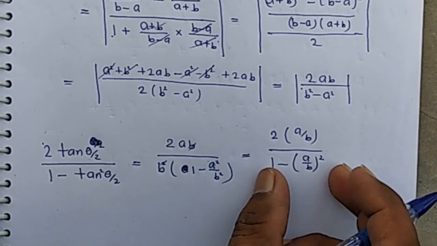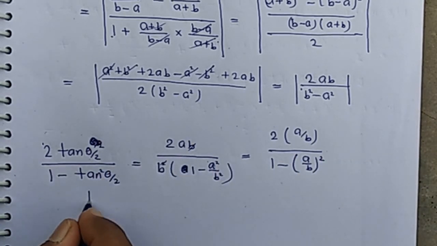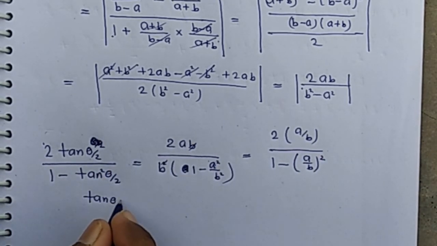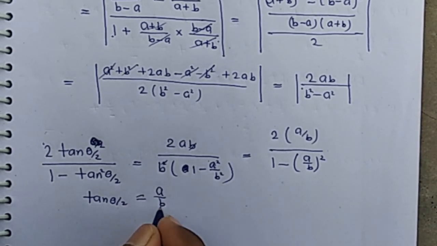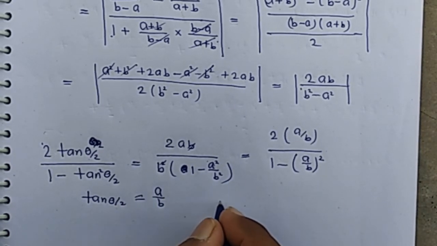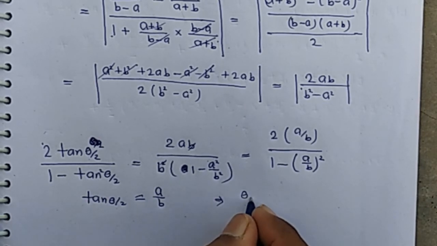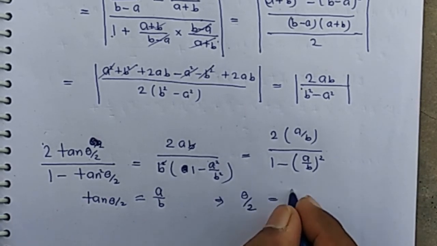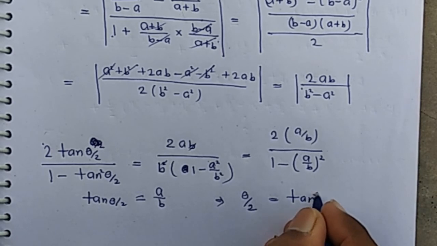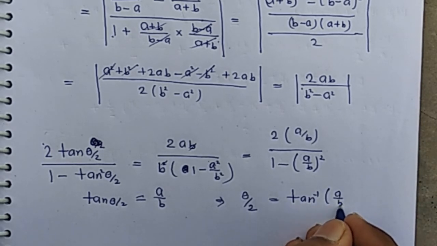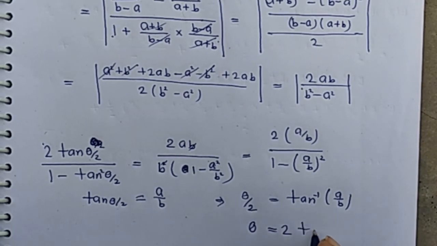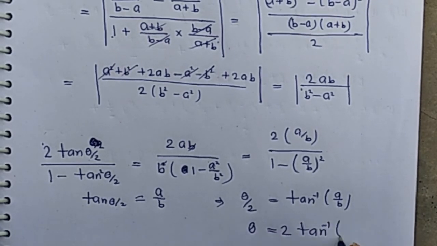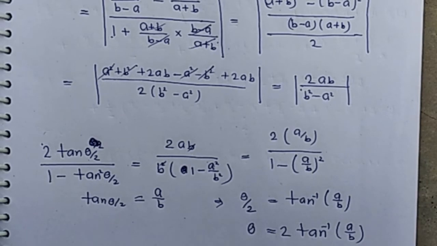Now compare these two terms. We get tan (theta by 2) equal a by b, then theta by 2 equals tan inverse a by b, then theta equals 2 tan inverse a by b, and it is the answer.